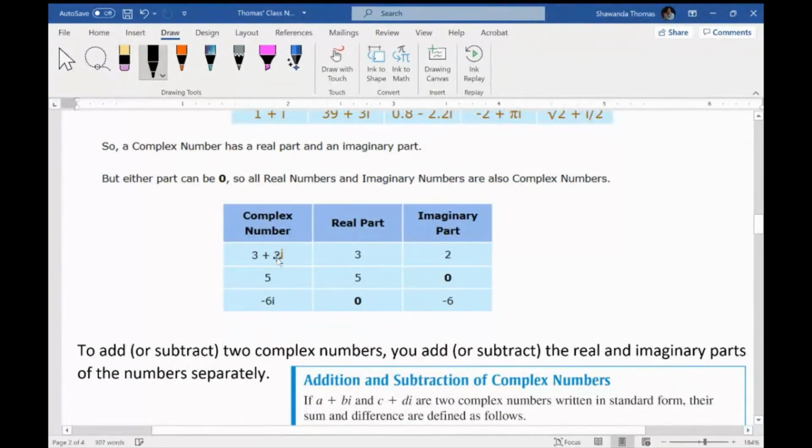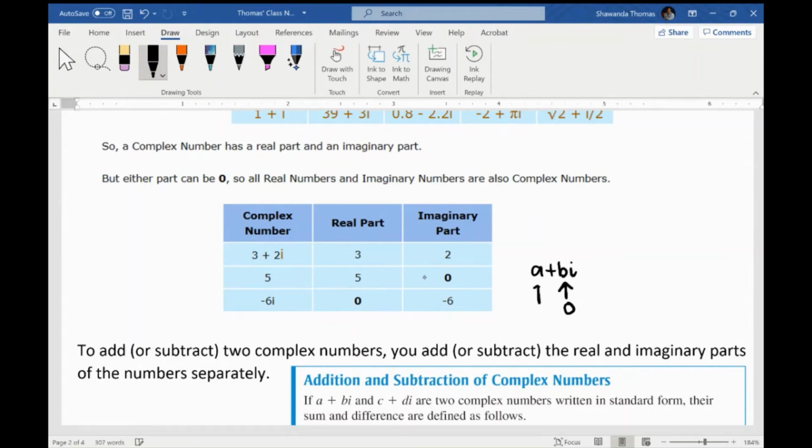Complex number, 3 plus 2i. The real part is 3. The imaginary part is 2. If you have the number 5, the real part is 5. b must be 0. Why? Because if you have a plus bi, and you don't see anything attached to the i, then b must be 0.